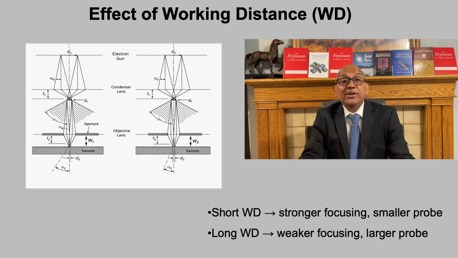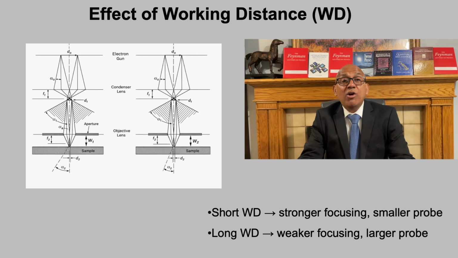The working distance, or WD, is defined as the distance between the objective lens and the specimen surface. It is one of the most important operator control parameters in an SEM. When the working distance is short, the objective lens operates more strongly to focus the beam.